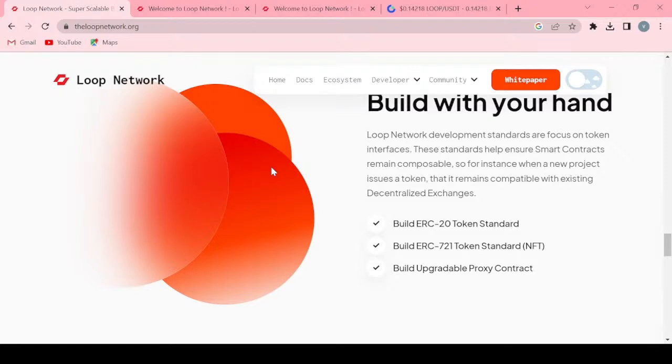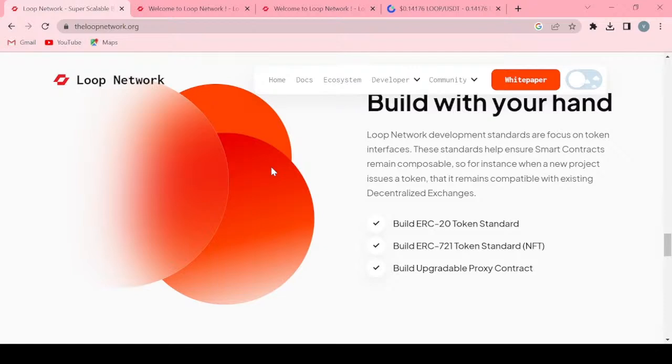The token standards built into this: first is the ERC20 token standard. We always come across ERC tokens: ERC 721, ERC 20, and also ERC 1155. These are the token standards we come across.